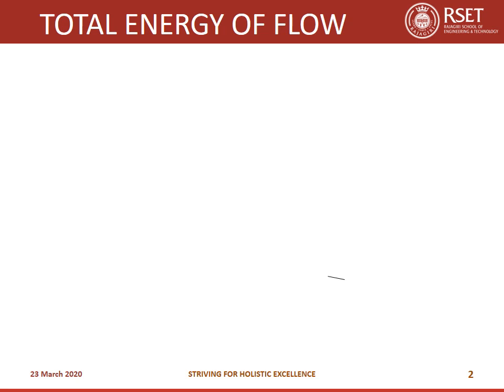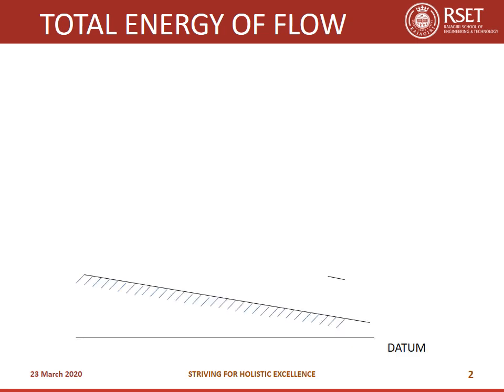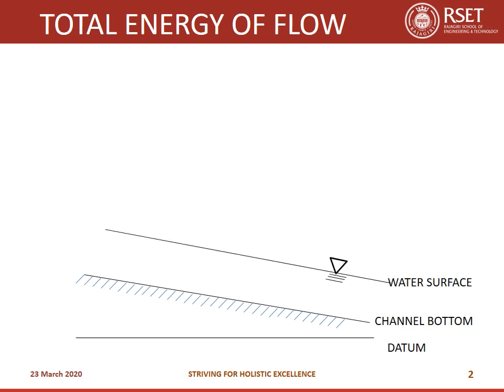Now, let us first see what is total energy of flow. For an open channel flow, this is the datum, this is the channel bottom, this is the water surface, and this is the total energy line. So if we want to measure the total energy of flow for this open channel, let's check the dimensions.